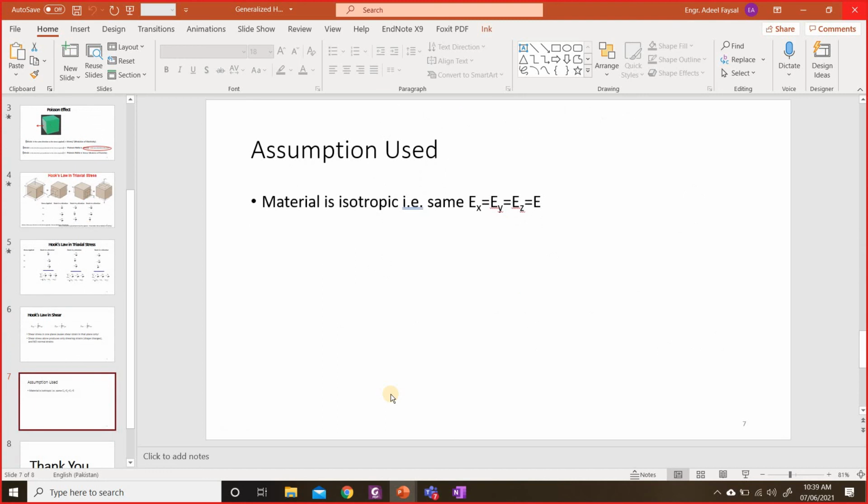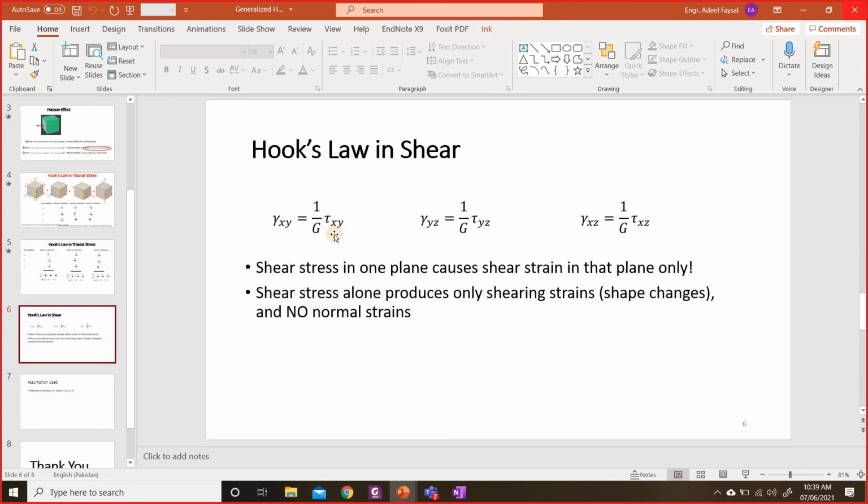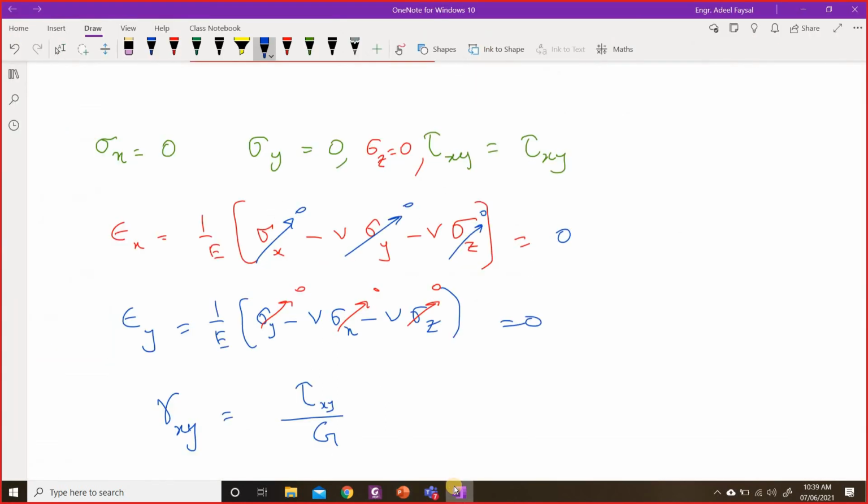Look at this. We can write it just as it is, because tau xy is just tau xy. In this case we have given it the same name, tau xy, and G will remain G. We can't do anything about this. So we have found epsilon x, epsilon y and gamma xy.